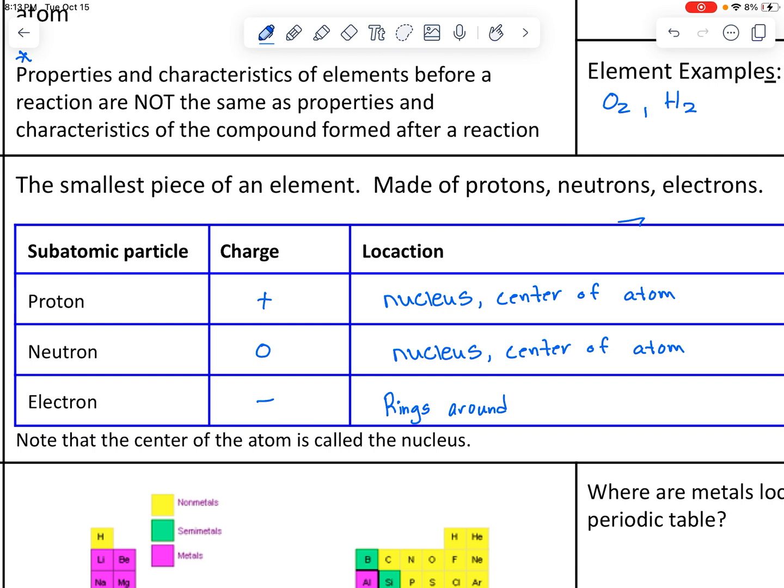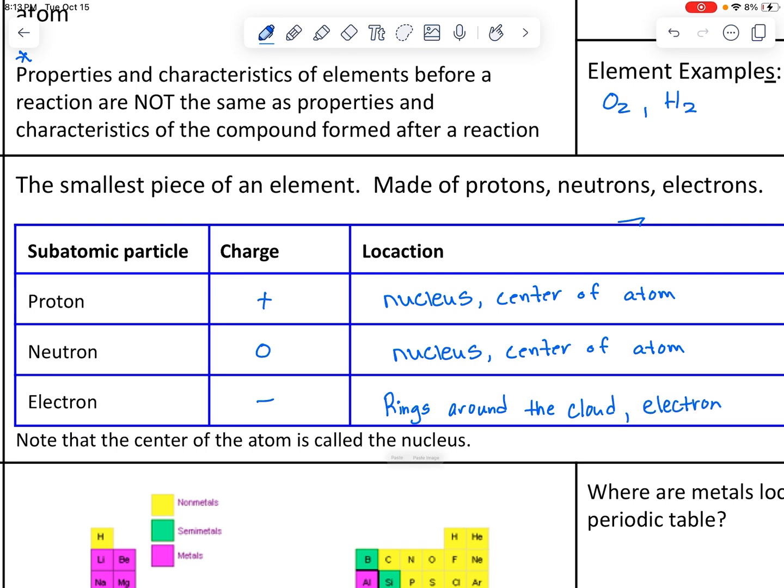Don't think about it in terms of rings like rings around a planet, or the planets obviously orbit around the sun in a very specific single plane. These rings go all over the place, and actually they're more of a cloud. And that's why sometimes the electrons are said to exist in the electron cloud.